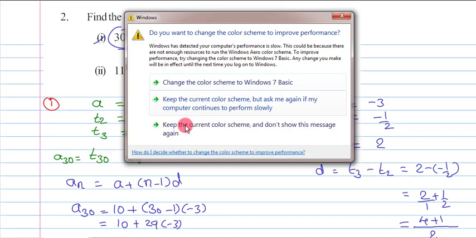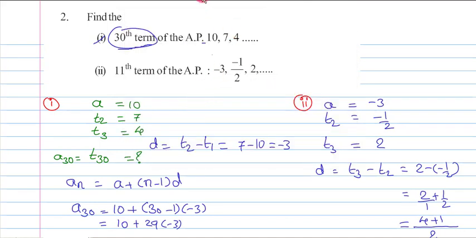The first term is 10, the second term is 7, and the third term is 4. Then what is the common difference? Common difference d is equal to T2 minus T1, that is 7 minus 10, that is minus 3.